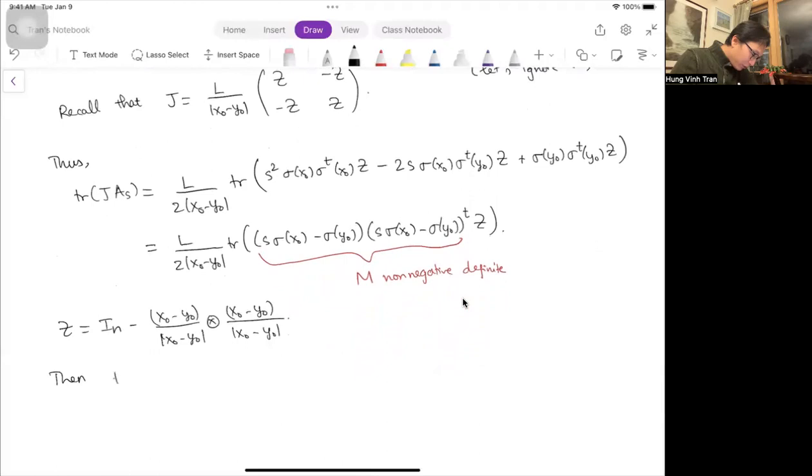Then if we compute trace of M times Z, it's going to be trace of M minus the tensor thing. And what is the tensor thing? It's going to be exactly M of IJ, X naught minus Y naught I, X naught minus Y naught J over X naught minus Y naught square.